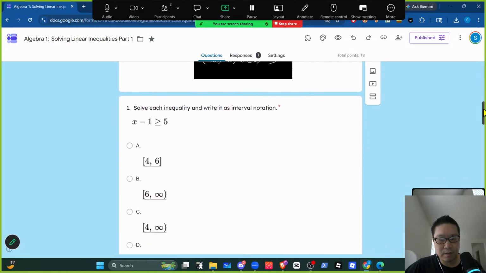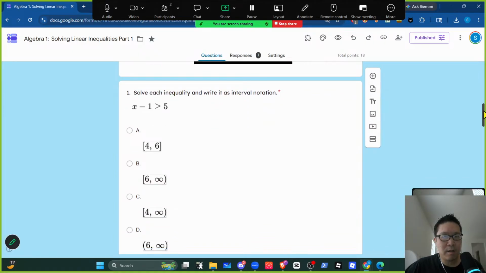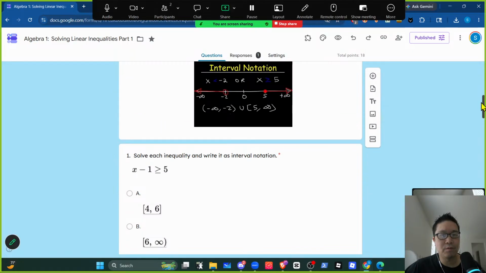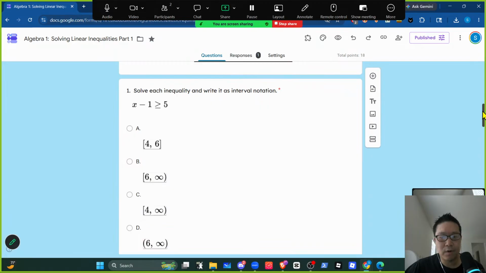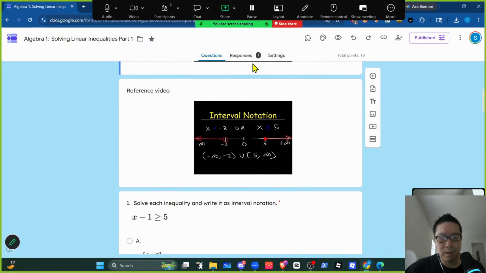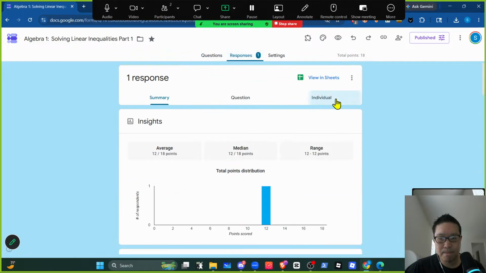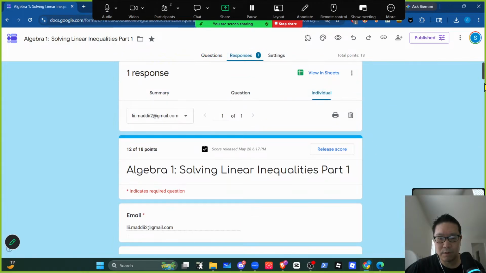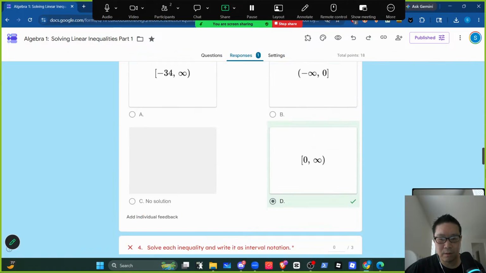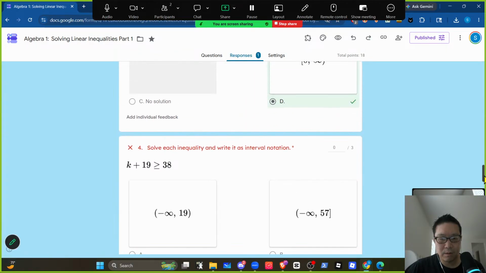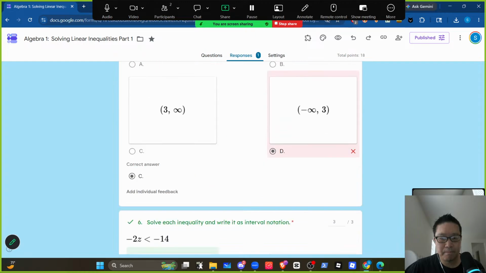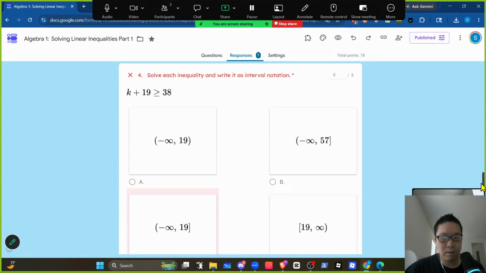So this was not part 2. I know you did part 2, solving linear inequalities part 2. This is the first one, and let me see which ones. Let's go over this one. Sorry, let me.